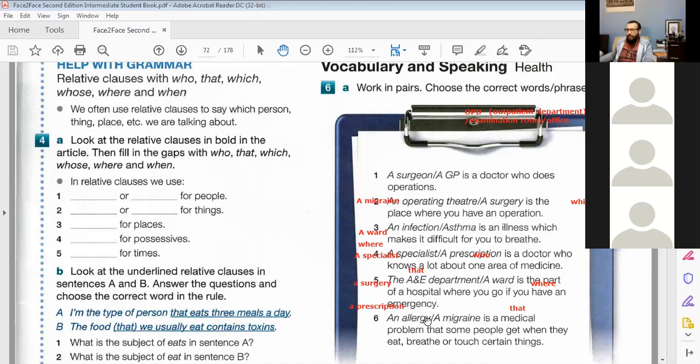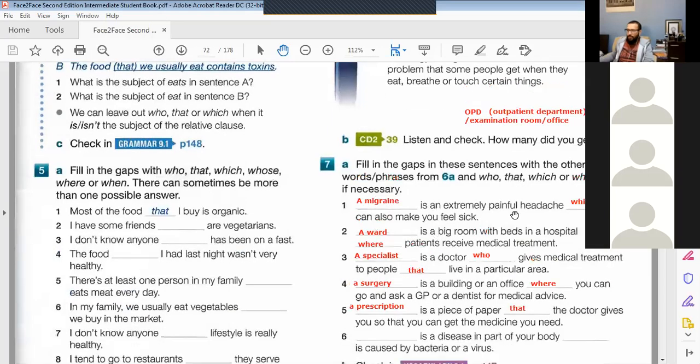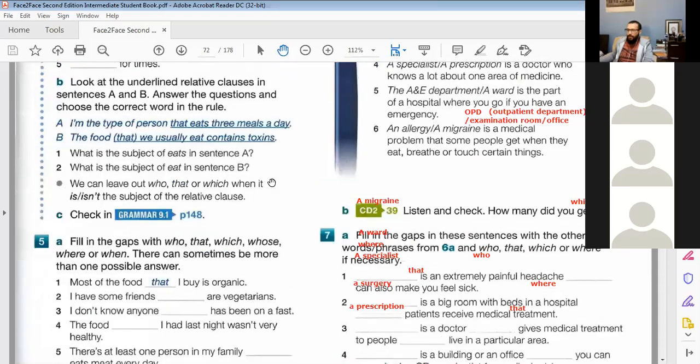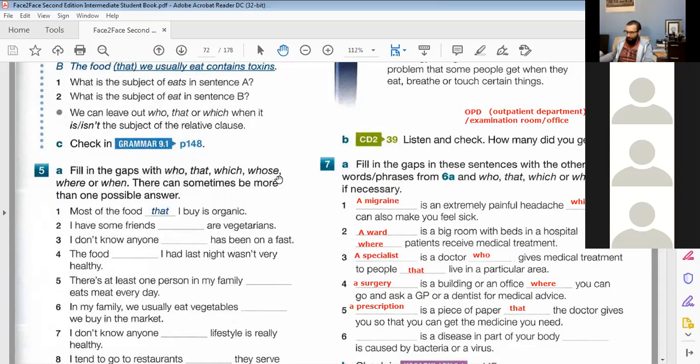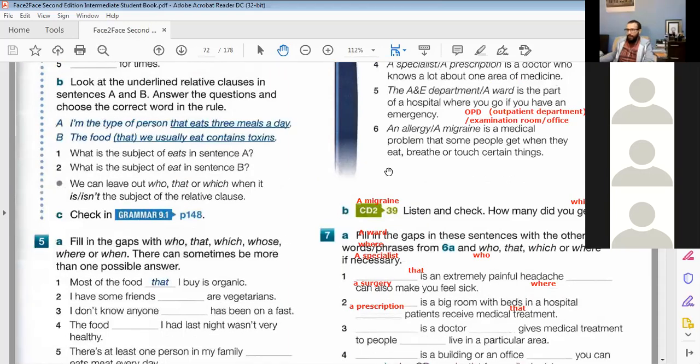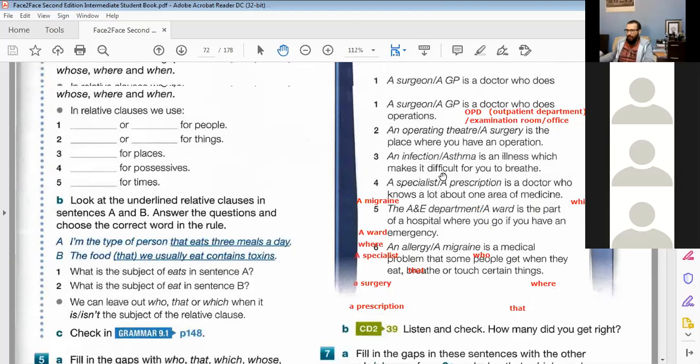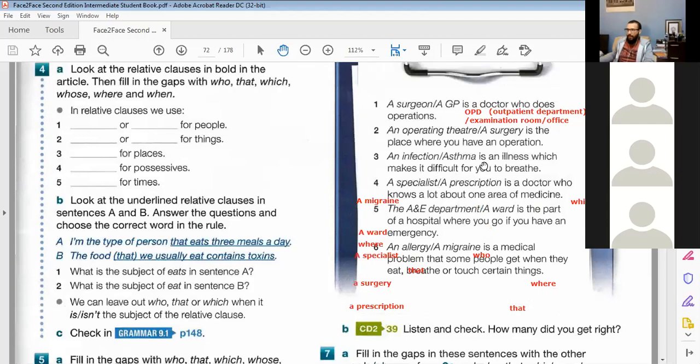We already answered the definition of allergy in the question itself. Yes, I know. Okay, migraine. We even answered migraine in number 1. But asthma was also answered in number 3: asthma is an illness which makes it difficult for you to breathe.